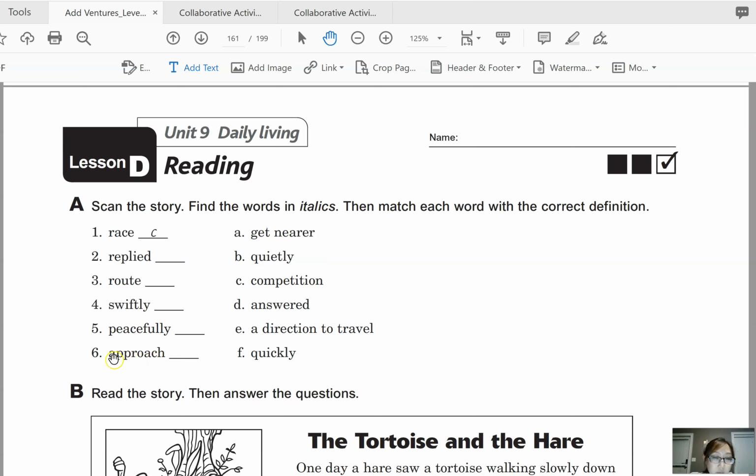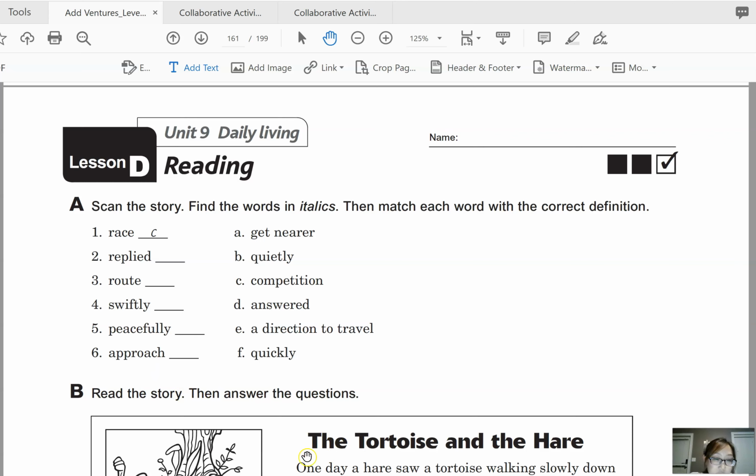Okay, approach, and of course the last letter left is A, so we know that approach means get nearer. Approach means get nearer. And some of you might be wondering about the part of speech for this word, approach, because it can be a noun or a verb.